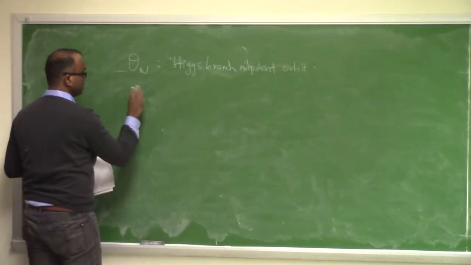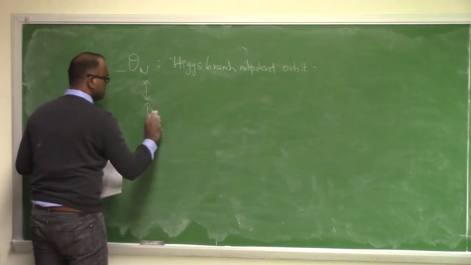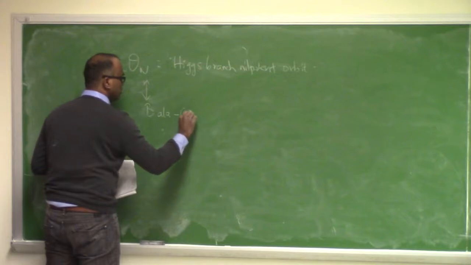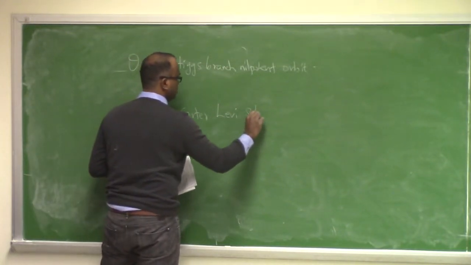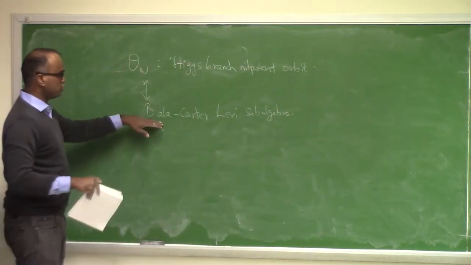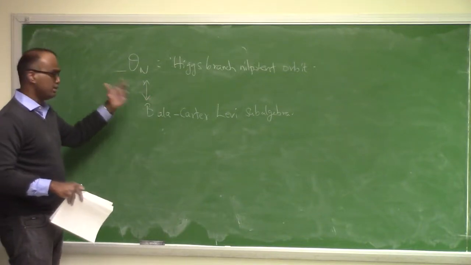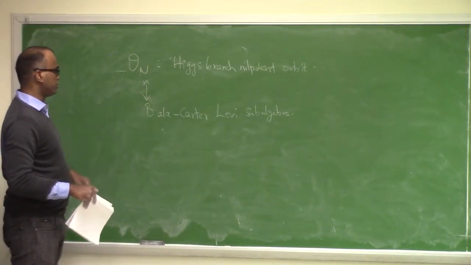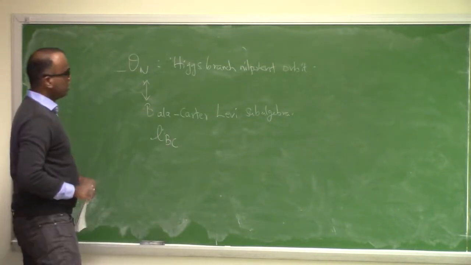Now associated to this is something called its Bala-Carter-Levi subalgebra. If you do not know what this means, just take for granted that it exists. There's a standard algorithm that you can look up to compute it. Let me denote that by L_BC.